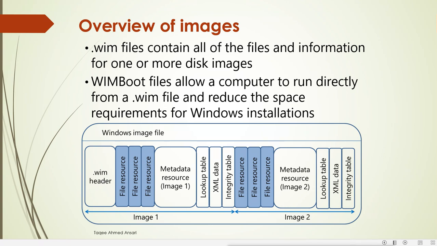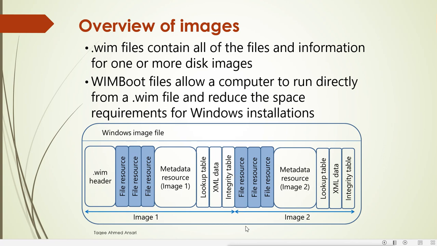It contains the header information, then file resources, then the metadata resource for image one, the lookup table to look up the data, XML data, and the integrity table. The same follows for the other image: file resources, the metadata resource for image two, the lookup table, XML data, and the integrity table. So these are two images in a single WIM file.